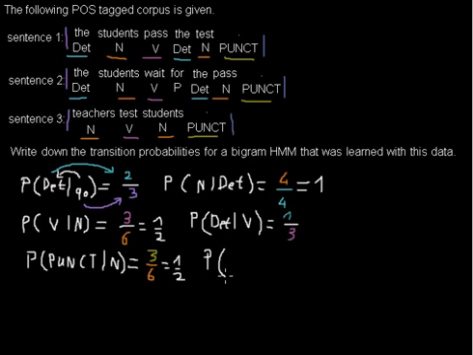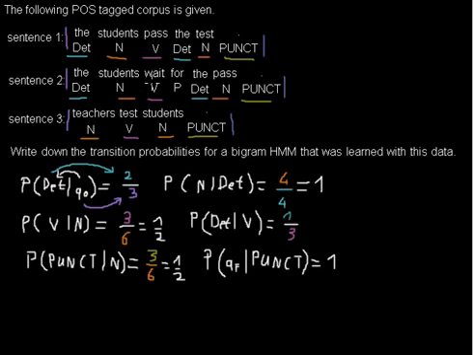So the probability that we encounter the end of the sentence, given that we encountered a punct, is based on this data 1, or 3/3. Well, the next one is beginning of the sentence and determiner. That's what I calculated here. Noun given determiner, that's what I calculated here.